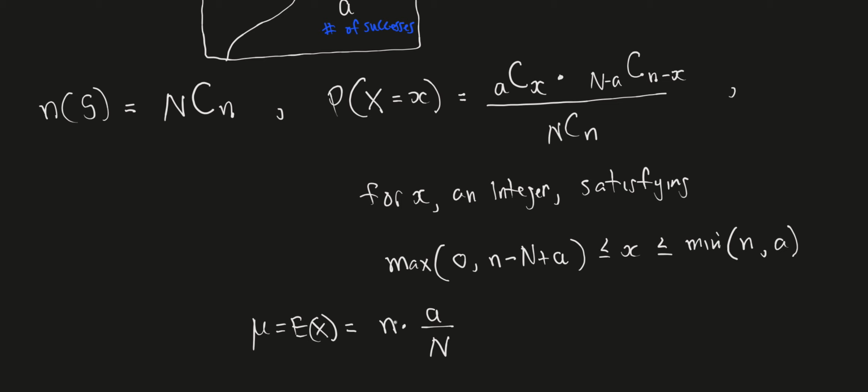So this looks a lot like your n times p from the binomial random variable. It's just that now your probability of success depends on how many successes you have in your total population. So that part is very similar to the binomial.